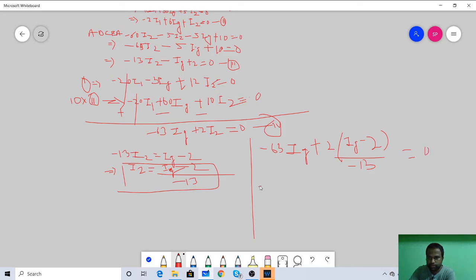Now you see this two variable equation has converted to a one variable equation. From here you can easily calculate Iz.